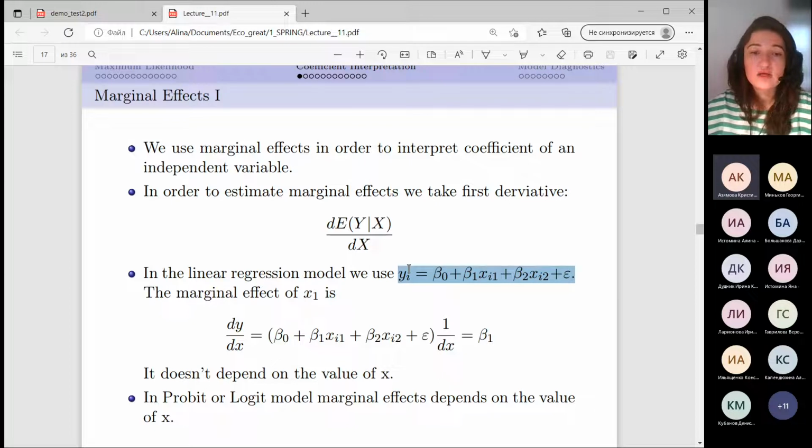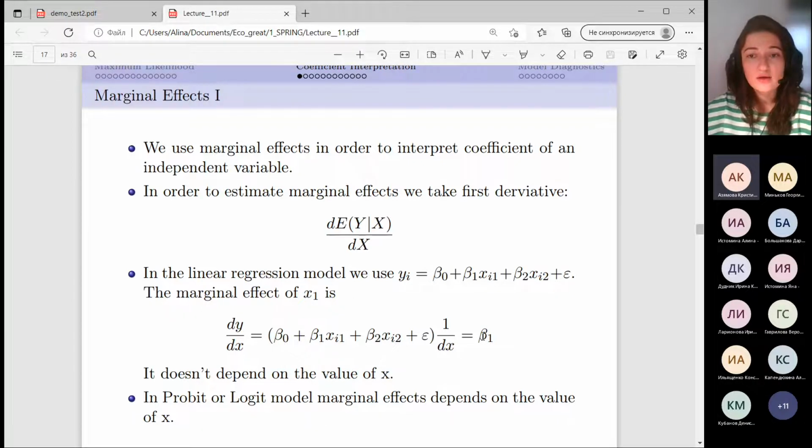So in the linear regression model, the slope, this one, beta 1 or beta 2, measures the change in the average value of our dependent variable for a 1 unit change in the value of the regressor.